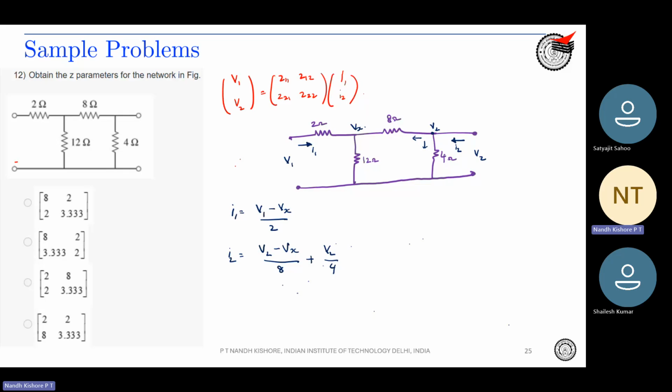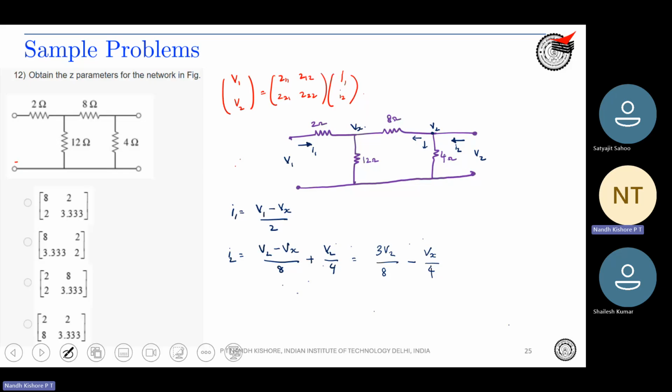That is, I2 is equal to 3V2 by 8 minus Vx by 4. This is your I2.